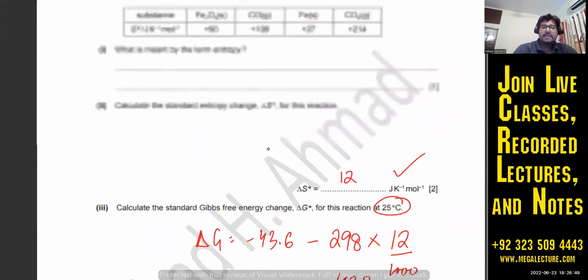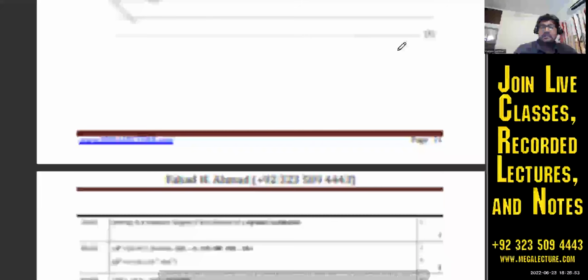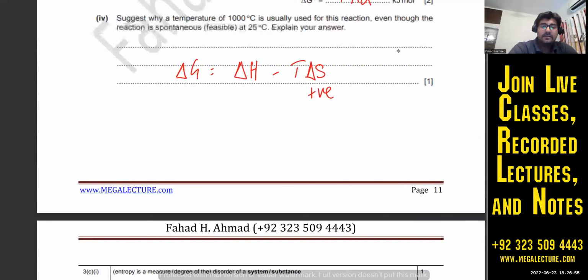And delta H was negative, right? So this kind of reaction is always spontaneous, because both terms happen to be negative. So the question isn't really about spontaneity.